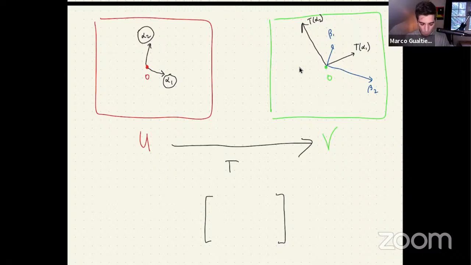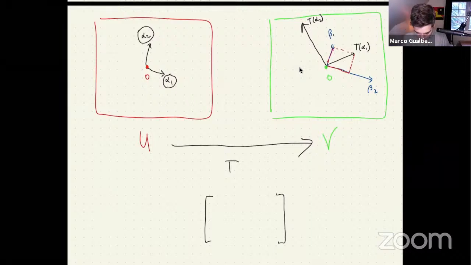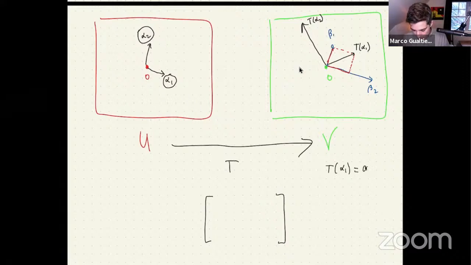Now, what am I going to do? Well, I can see that T of alpha 1 is not exactly one of the betas, but it's some kind of combination of the betas. So I need to split it up. I need to write it as a linear combination. I can write T of alpha 1 as A beta 1 plus C beta 2.